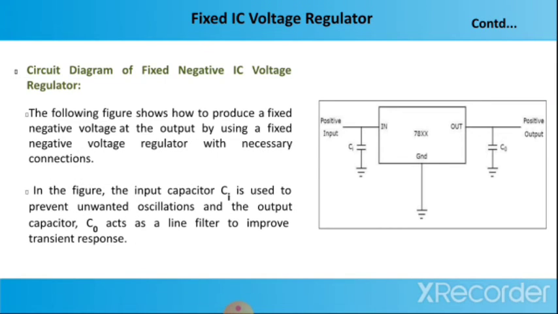So this is the circuit diagram of a fixed negative IC voltage regulator. The following figure shows how to produce a fixed negative voltage at the output by using a fixed negative voltage regulator with necessary connections. So in the figure, the input capacitor Ci is used to prevent unwanted oscillations and the output capacitor C0 acts as a line filter to improve the transient response.